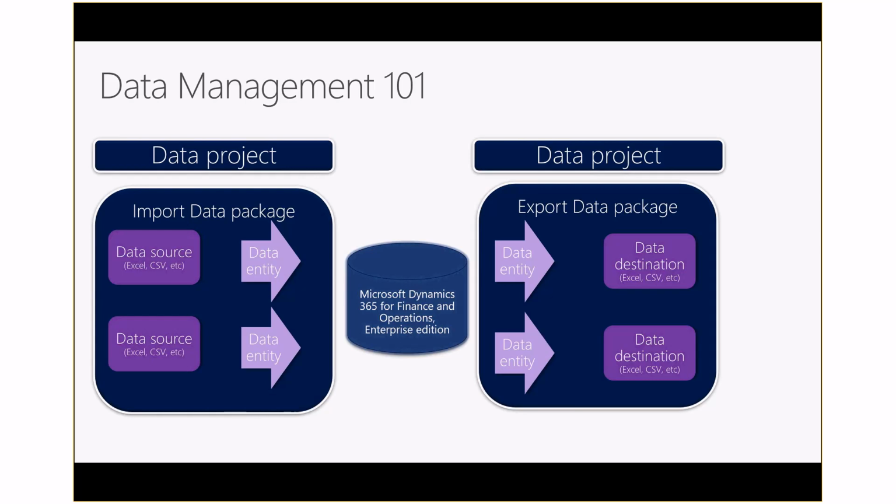To create this data package, you create something called a data project. That project has the list of entities. You then process that project, and it creates data packages for you. So that's kind of the process of Data Management 101. Take data entities, put them in a list in a data project, export or import that project, and create a data package from it.